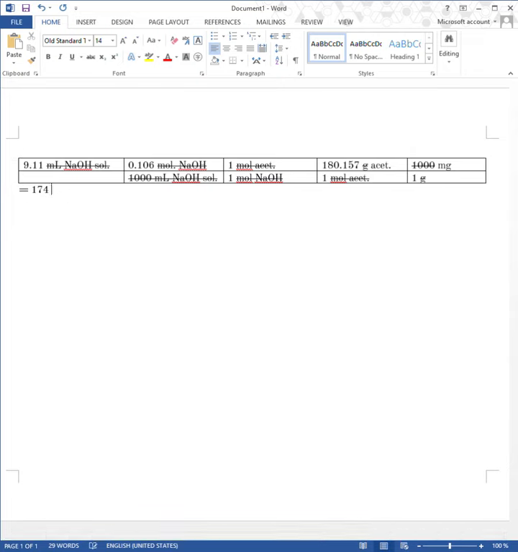So milligrams of acetylsalicylic acid, per tablet if you really want to get into the weeds, but you're only going to type in the 174. Okay, great.